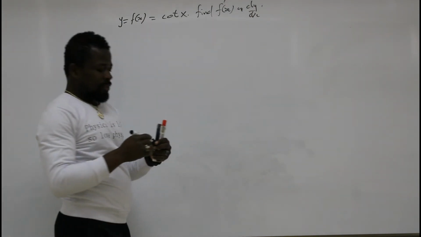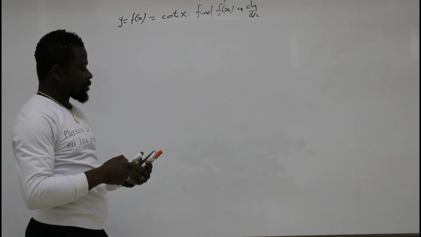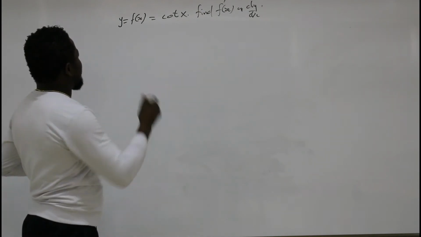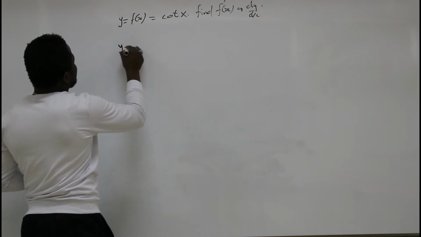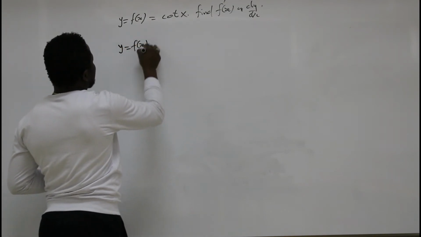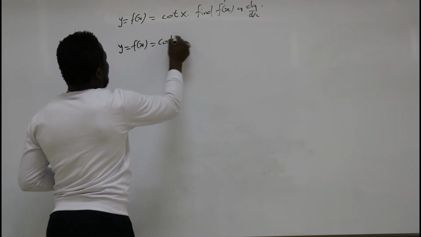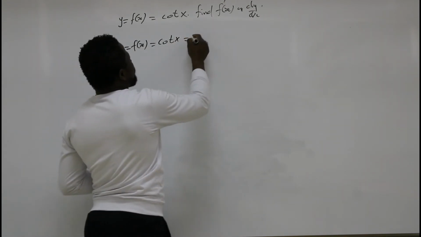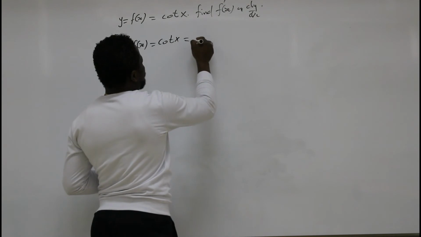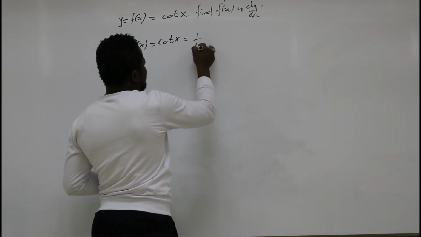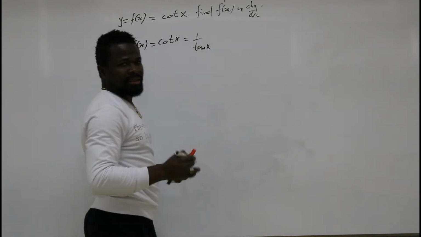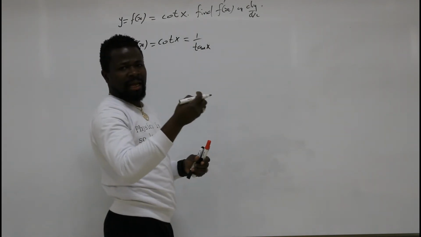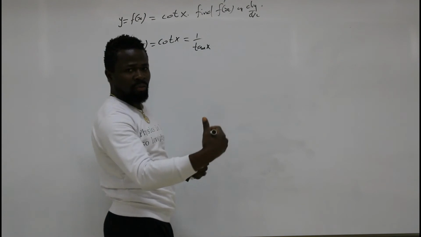Alright, good. Once we are given this and we want to solve this problem, we will try and transform it again. So y equals f of x equals cot x, and this can be written as 1 over tan x. And we know that tan x is also sine over cos.